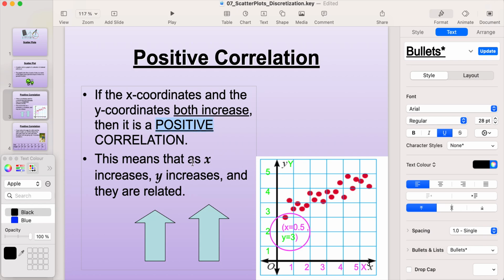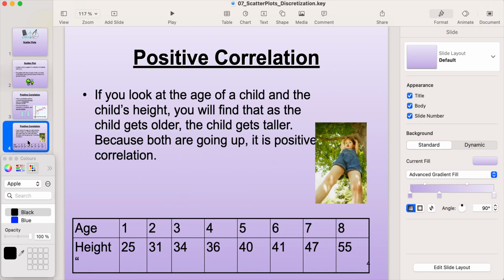This means that as x increases, y increases as well, and because of that, they influence each other. That is, when the one rises, it makes the other one rise as well. So this is called a positive correlation.